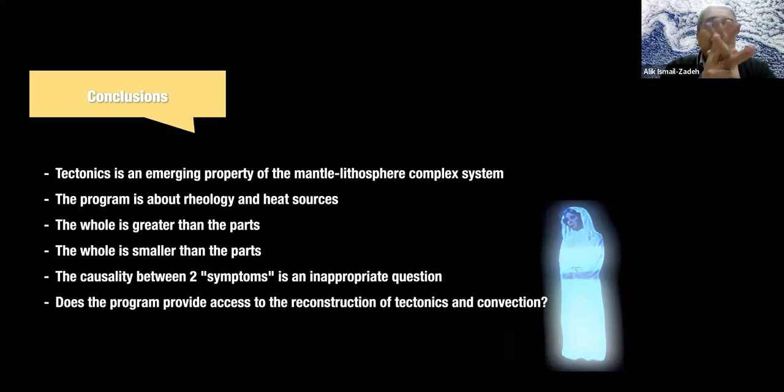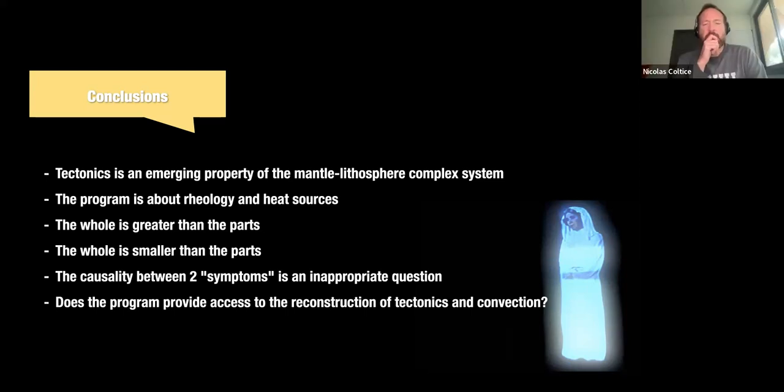I have two points. You mentioned that with parameters like viscosity, you can manage the aggregation of some small plates into supercontinents. You didn't use this word, but it looks like that. And then it's splitting these supercontinents apart at some time. Yes, that is well.